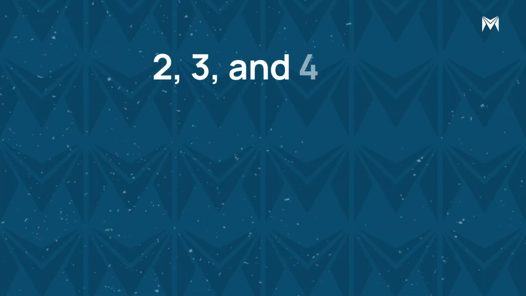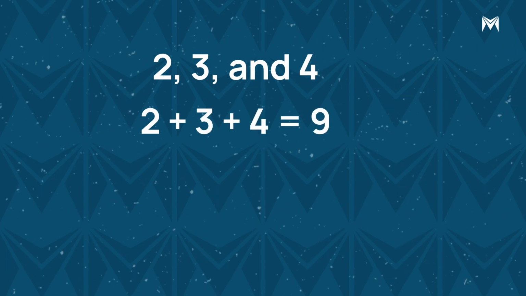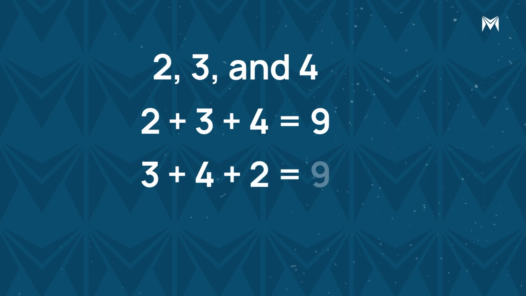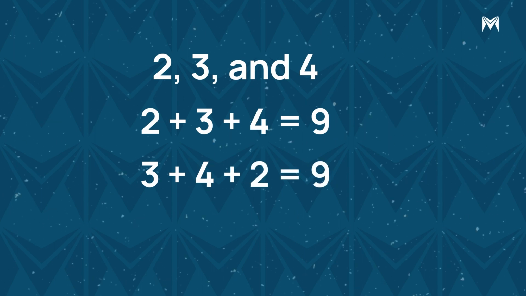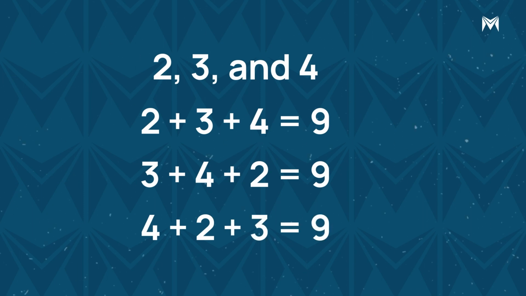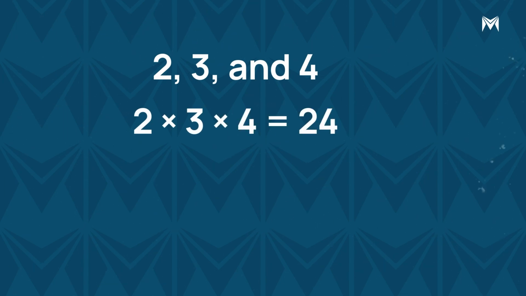For example, if you have the real numbers 2, 3, and 4, the commutative property tells us that 2 plus 3 plus 4 is equal to 9. Similarly, 3 plus 4 plus 2 is equal to 9. And 4 plus 2 plus 3 is also equal to 9. Likewise for multiplication, 2 times 3 times 4 is equal to 24.